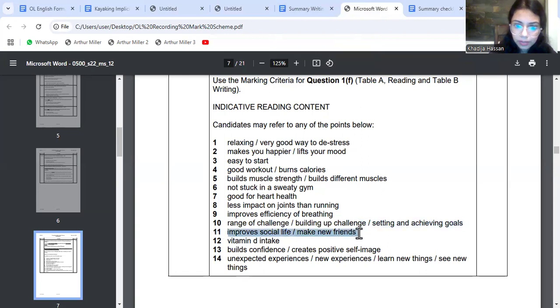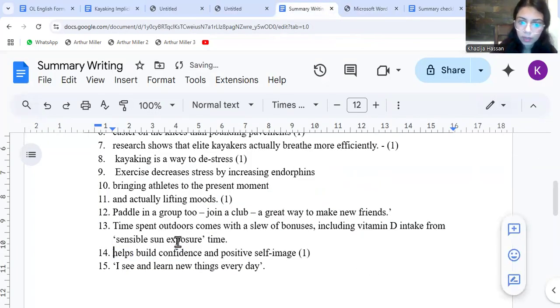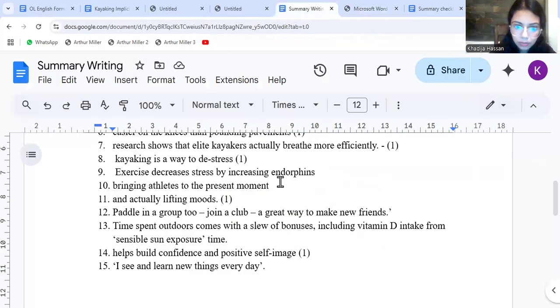Improve social life, makes new, maybe actually it's a different point. It's really not this. The challenge point is an entirely different point of its own. However, I have given us a mark for the self-confidence and positive self-image. Improve social life, make new friends. We did write this.